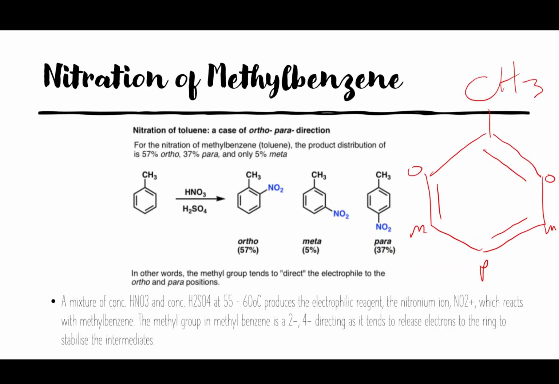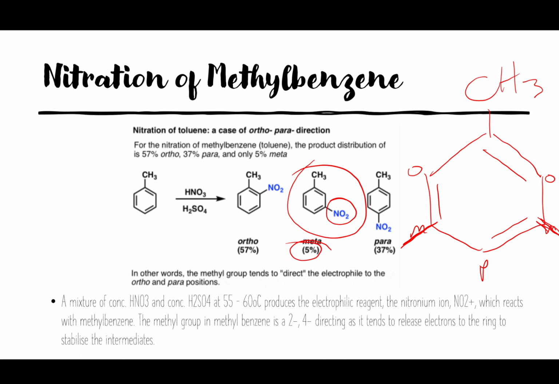But what we're saying is that when a substituent is added to the meta positions, these are the meta positions, it tends to be less stable. And we know that the less stable intermediates will not be produced, right? So look at this now. If we're nitrating toluene, only 5% of the mixture will be meta.